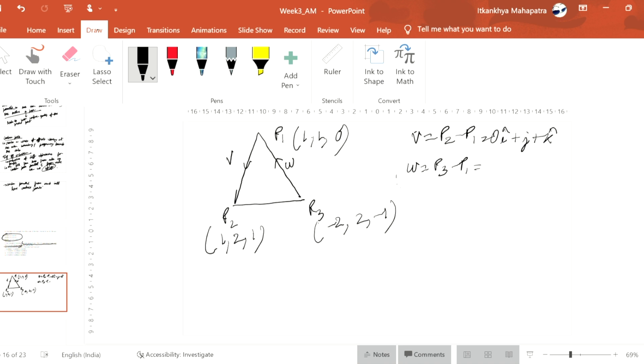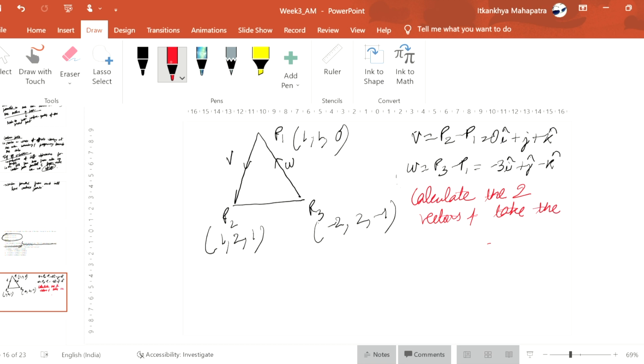This will be minus 3 i cap plus j cap minus k cap. Now we need to calculate the two vectors and take the cross product.